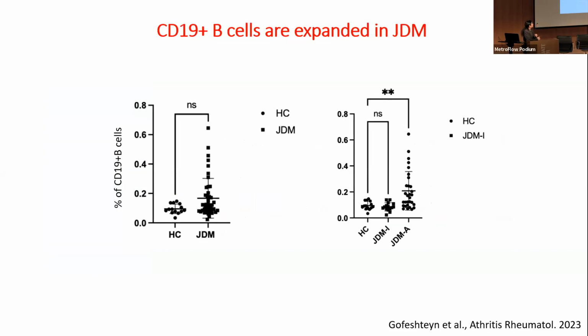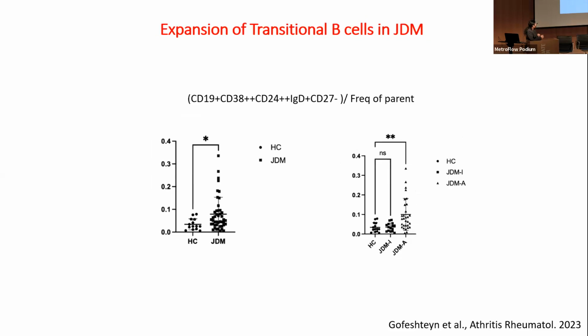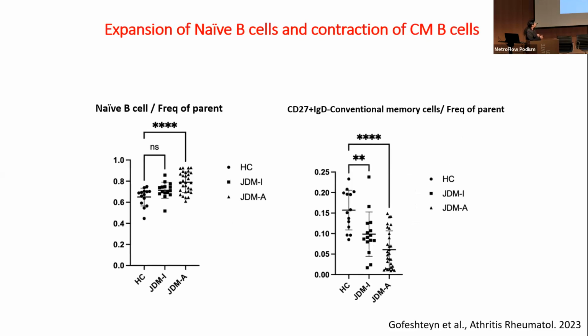The first thing is, we found CD19 cells to be significantly more in the JDM patients. And the transitional B cells, like that was seen before, were expanded in active JDM patients. There was an expansion of naive B cells, but a contraction of the conventional memory B cells, which are CD27 positive IgD negative cells.